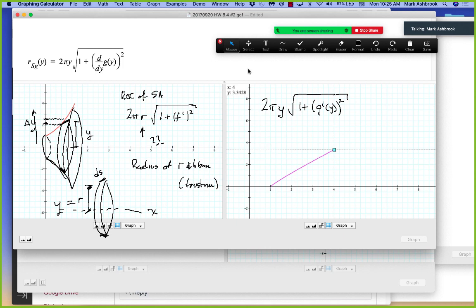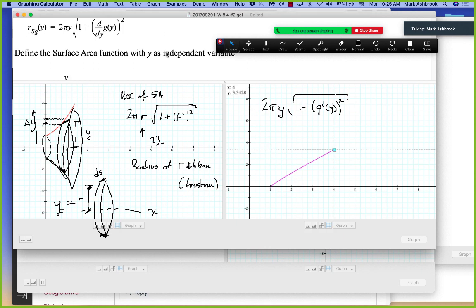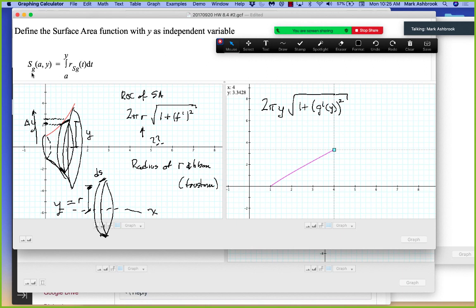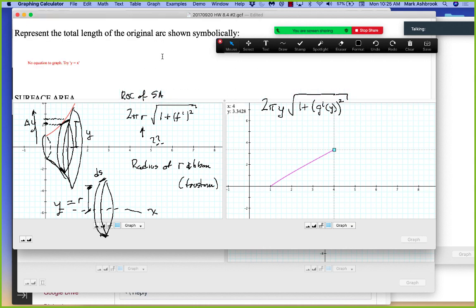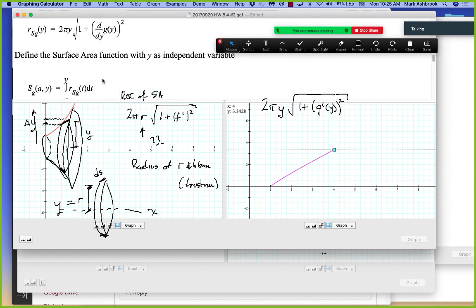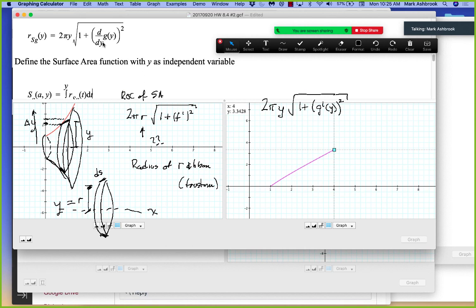Okay, so then our surface area function will be capital S, again, y is the independent variable, with the rate function that I just defined there. So questions on, there's the rate function, 2 pi y times my square root.